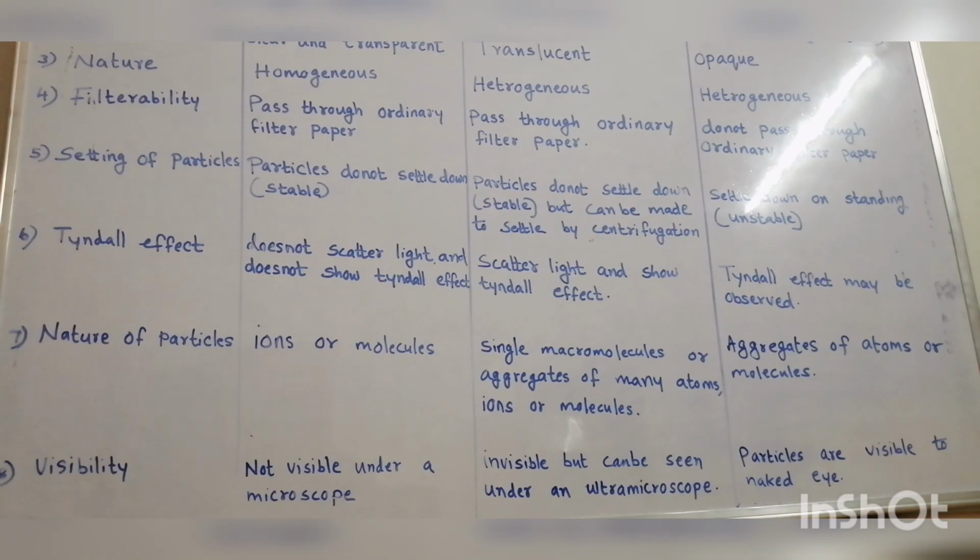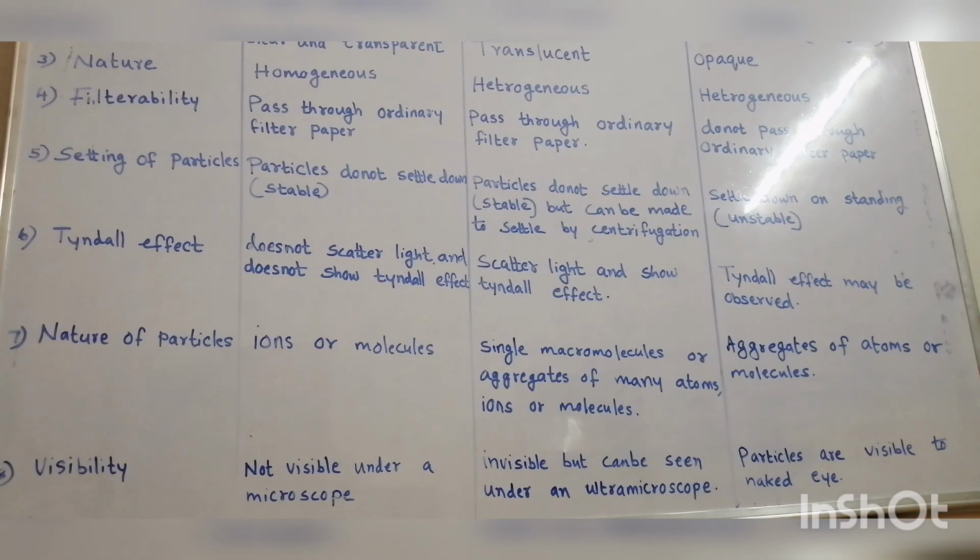And aggregates of groups of many atoms, ions or molecules can be seen in colloid. Whereas in a suspension, only the aggregates of atoms, group of atoms or molecules are present. And the eighth property, visibility.